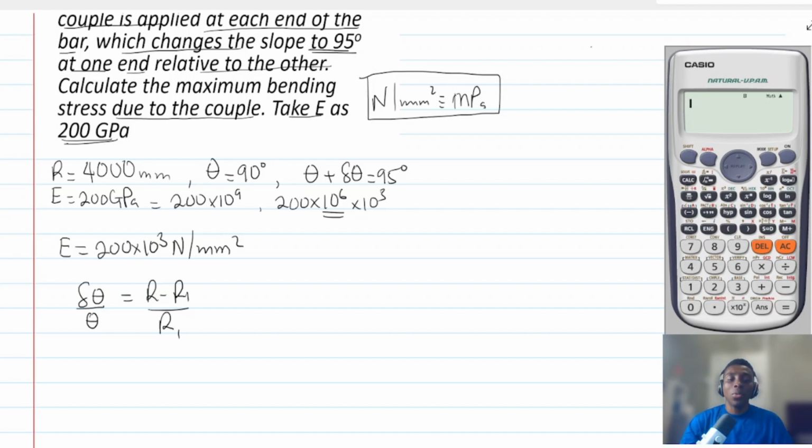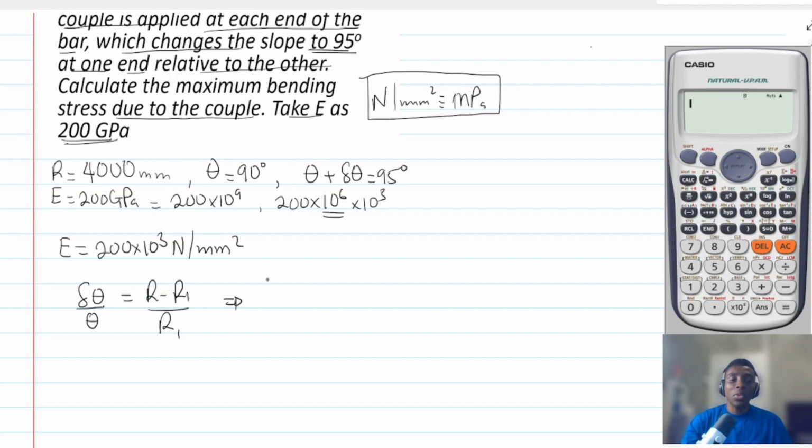So basically we are trying to compare the relationship between the angle formed and the radius. So we are trying to find the new radius.